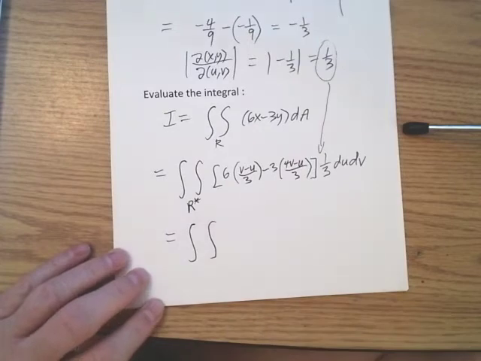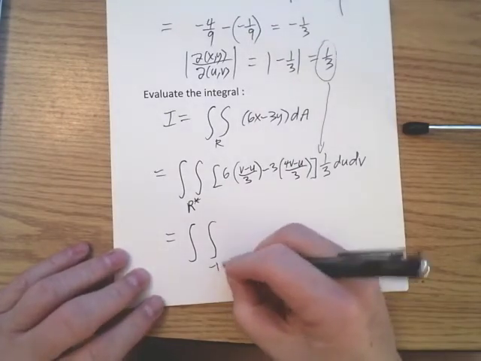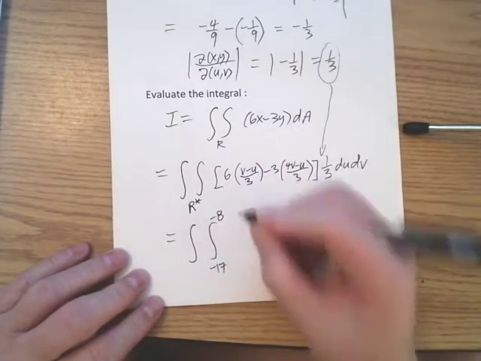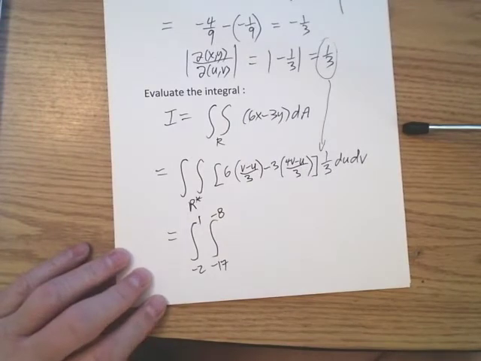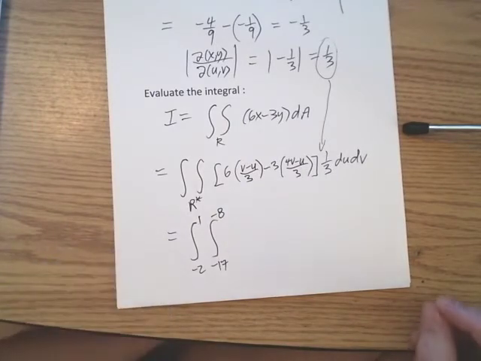Let's see. U was going from minus 17 to minus 8, and v was going from minus 2 to 1.